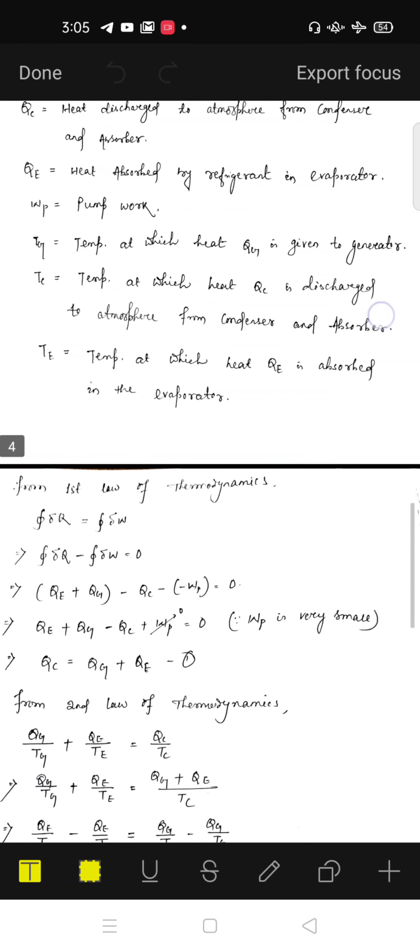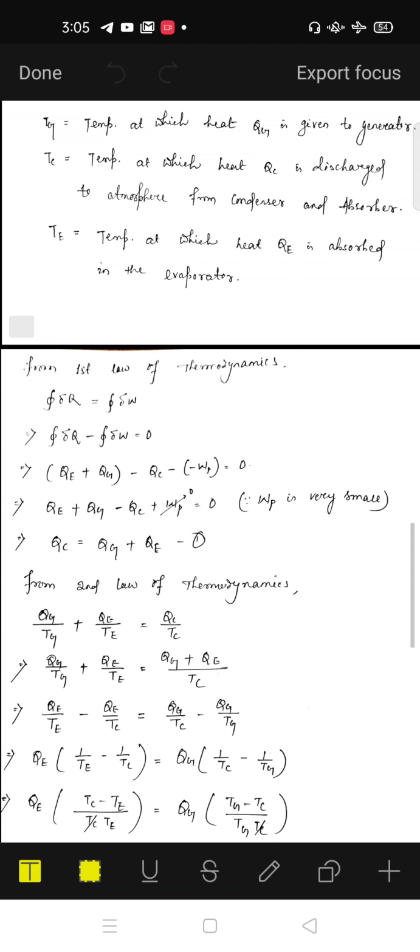From the first law of thermodynamics, you know the net change in heat in the cycle will be equal to the net change in work in the cycle. Let me recall the sign convention of heat and work: heat added to the system is taken as positive, heat removed from the system is negative.